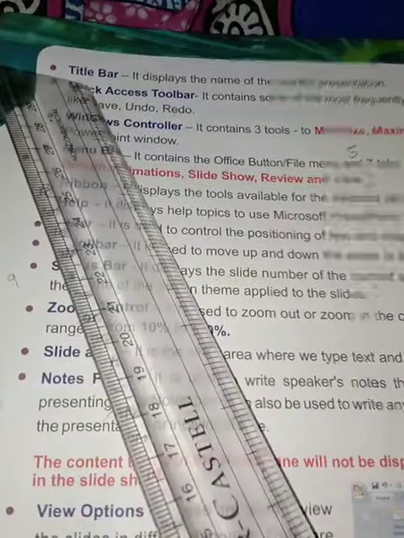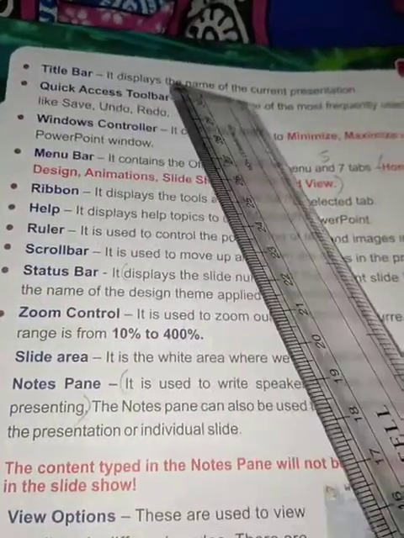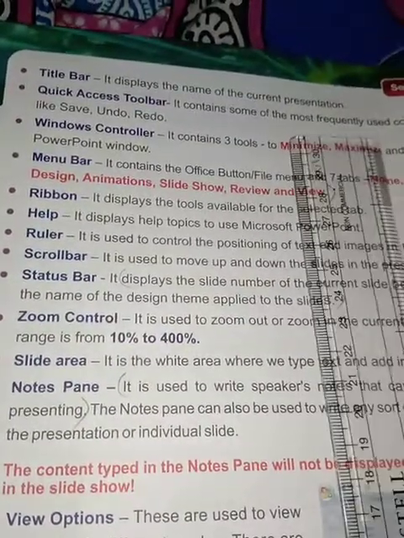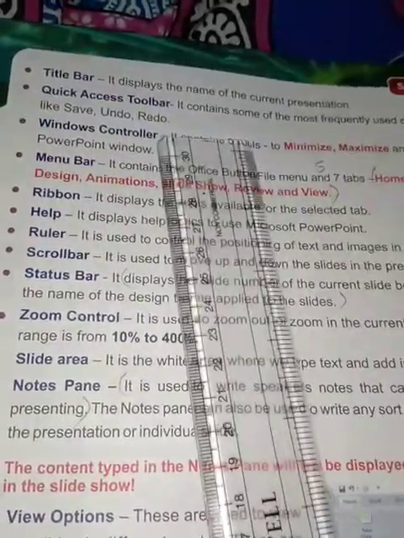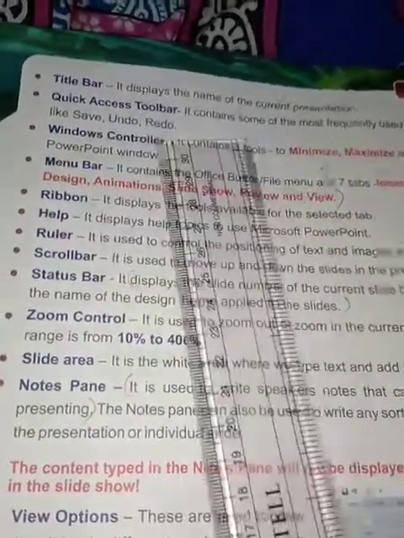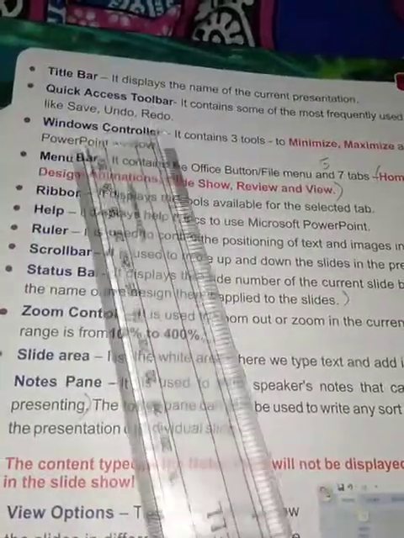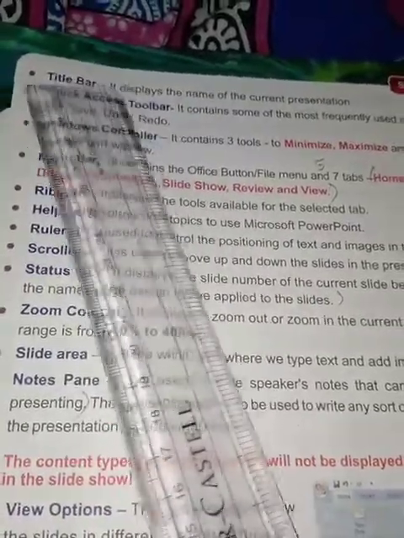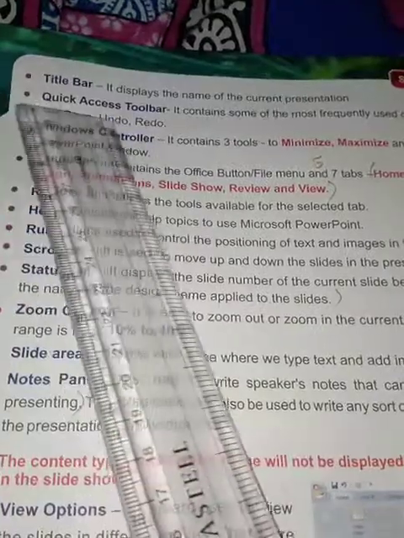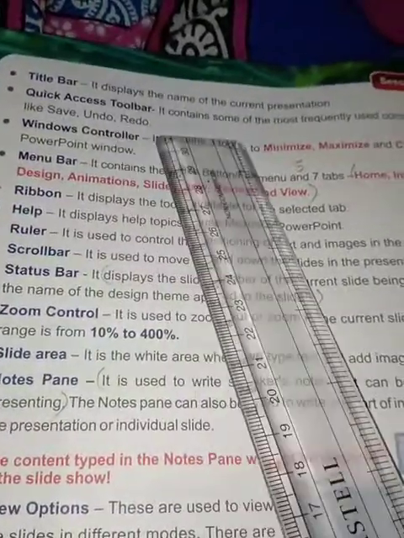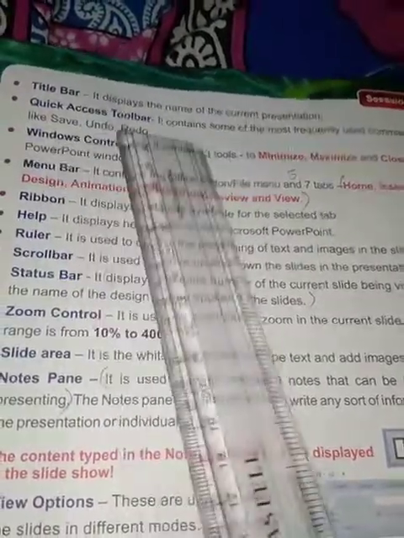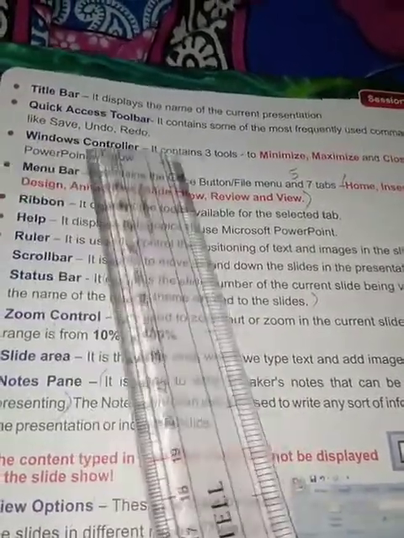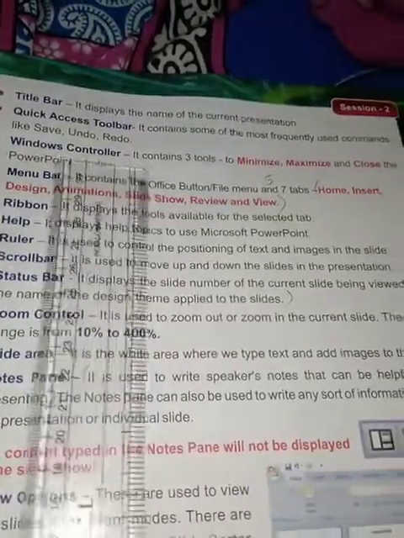Title bar. It displays the name of the current presentation. As I said, the title which you have saved for the presentation can be your name or any subject, it can be anything. That is the title bar. Quick access toolbar. It contains the most frequently used commands like save, undo, redo. These are some of the most frequently used commands.